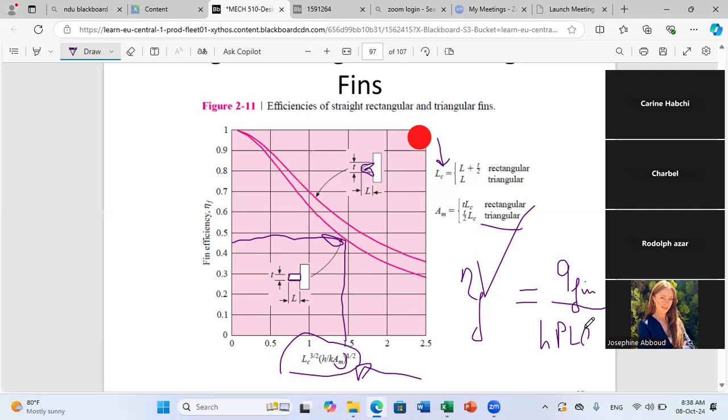So sometimes I can use graphs to simplify my calculations. I just take this term to the other side, and once I get the fin efficiency graphically, I multiply it by h P L theta 0, so I can get the value of Q fin. Any question on this?